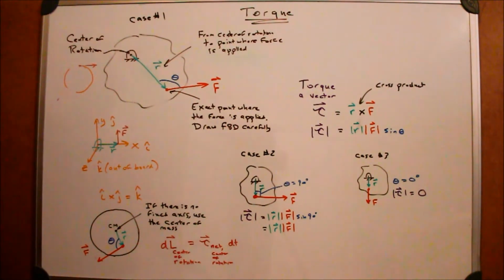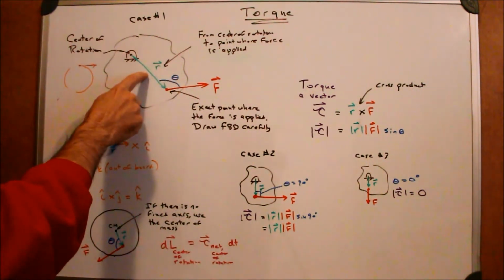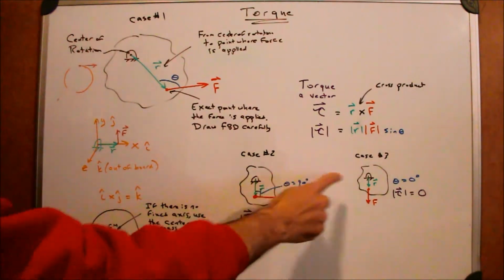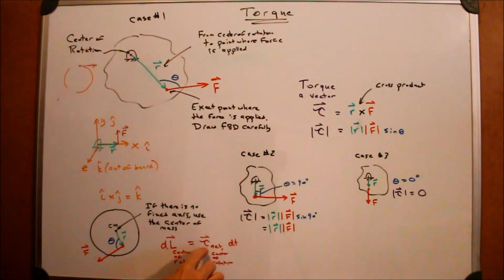What we're going to use net torque for a lot is the change in angular momentum about the center of rotation. It's either an axis or a center of rotation, could be the center of mass. It is the net torque around the center of rotation, which we calculate by figuring out R and F, however it is, vectorially, times delta T. So that's where we're going to often use it.